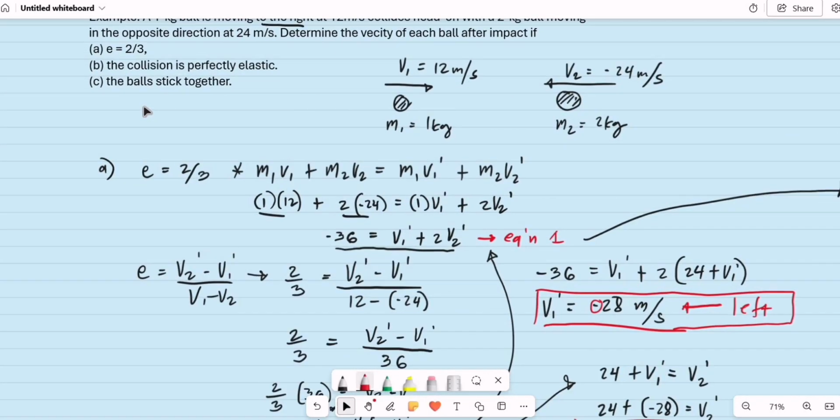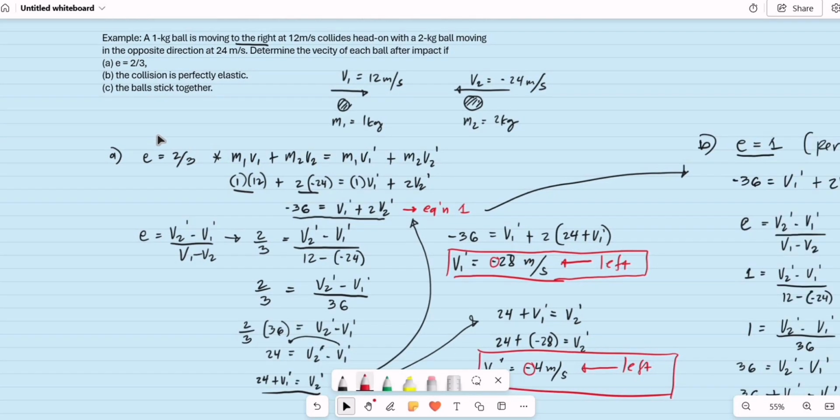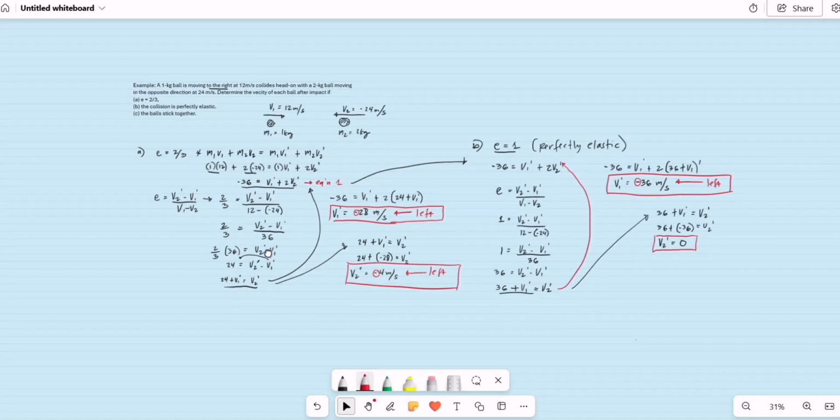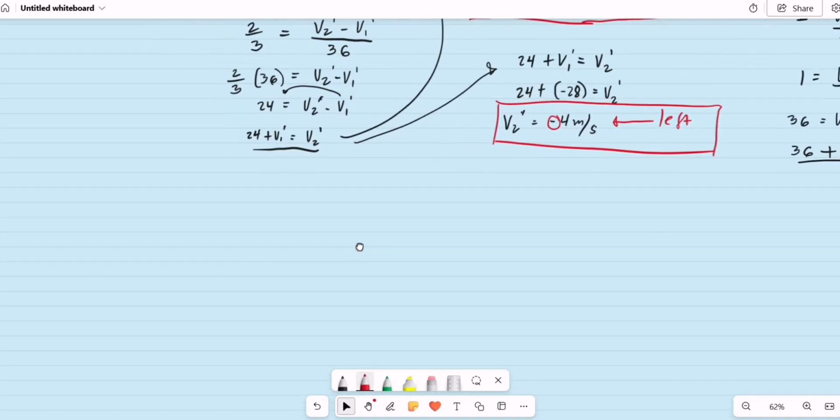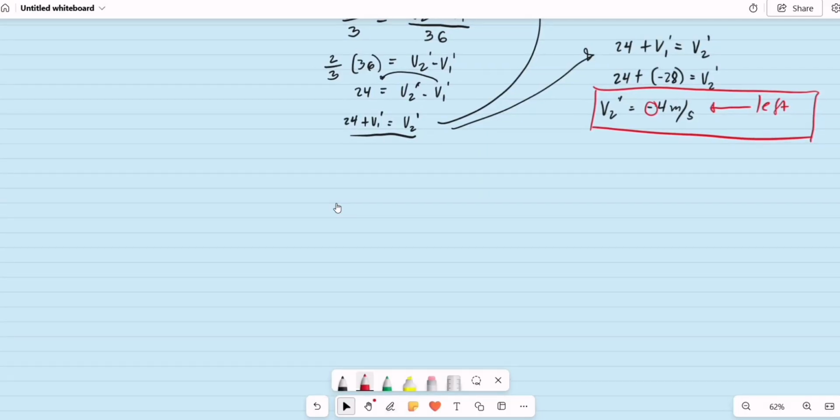And then letter C, the balls stick together. So this is again our case number 2. If they are to stick together, the coefficient of restitution is equal to 0. Our key equation will be mass 1 times b1 plus mass 2 times b sub 2 is equal to mass 1 plus mass 2 times a common velocity.